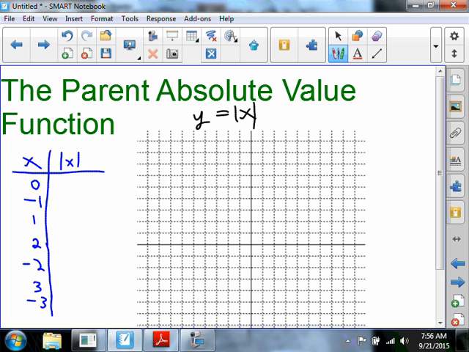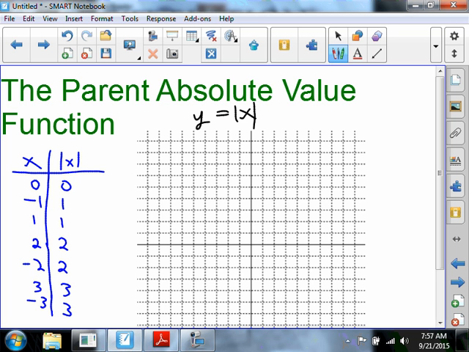So what's the absolute value of 0? The absolute value of 0 is 0. Good. And what's the absolute value of -1? 1. And the absolute value of 1 is 1. And the absolute value of 2 is 2. And the absolute value of -2 is 2. And I think we get the idea now, right?